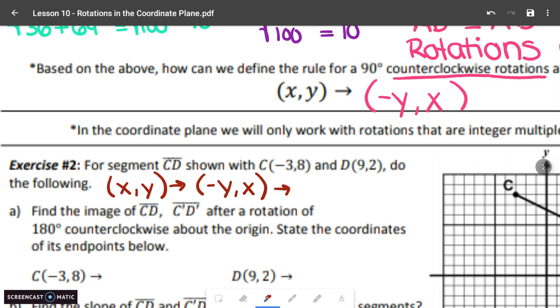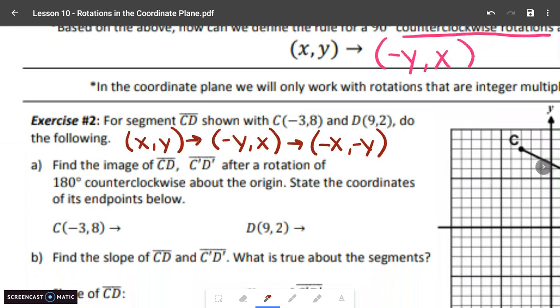Now, if I rotate another 90 degrees, that would get us (-x, -y). Because think about it, I did it once for 90. If I do 90 again, I add up to 180. So now I'm going to do 180 counterclockwise. Now, clockwise versus counterclockwise doesn't really matter here because 180 degrees is like that perfect halfway point around, like a straight line.